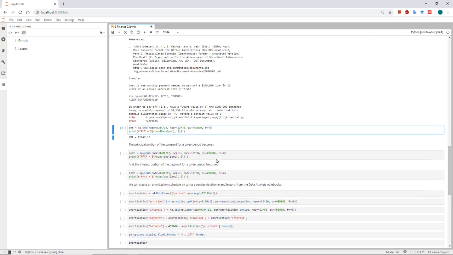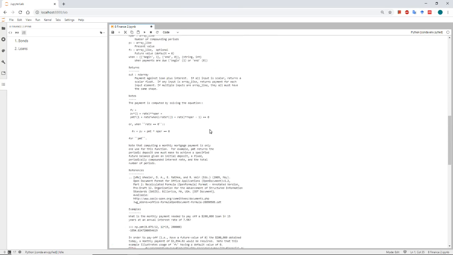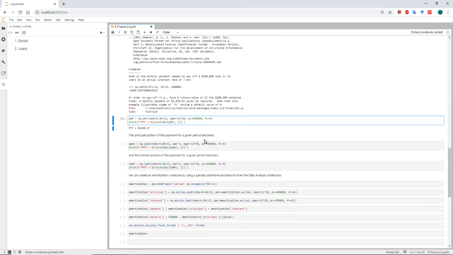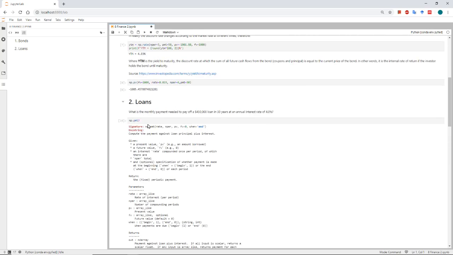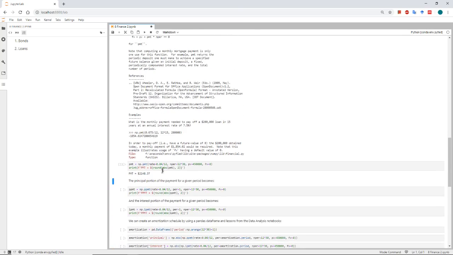That's quite useful. You could see this being a mortgage. This is the entire payment.